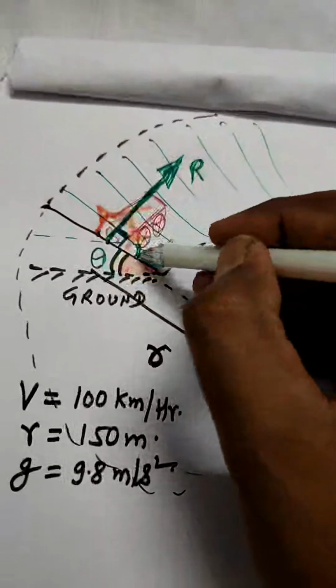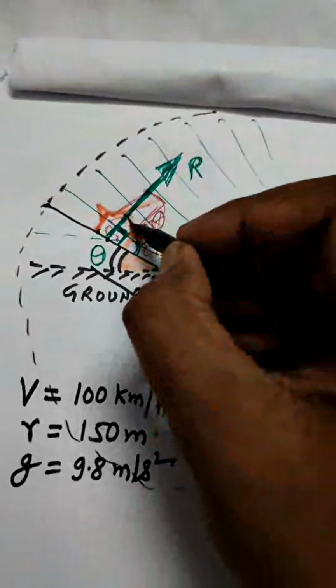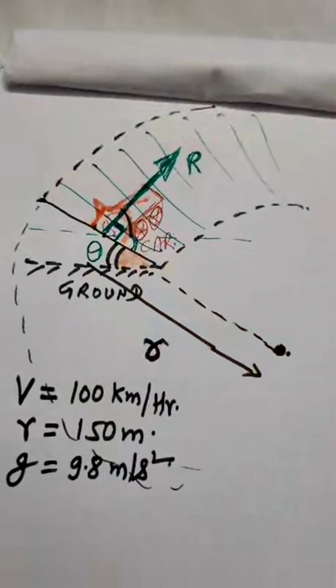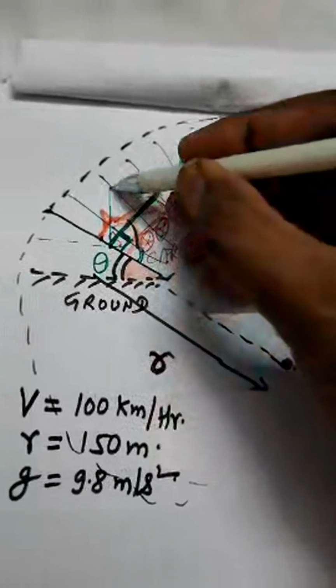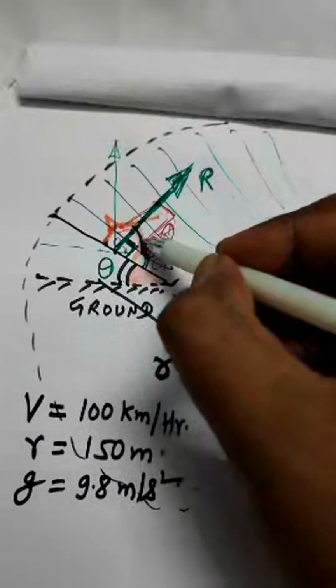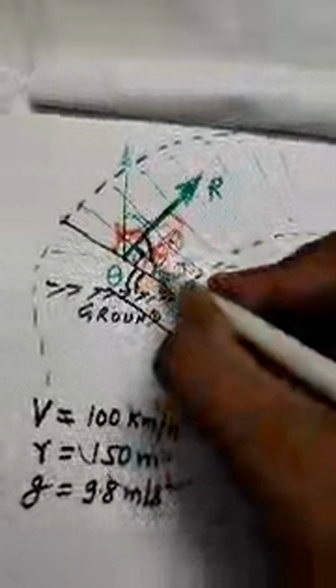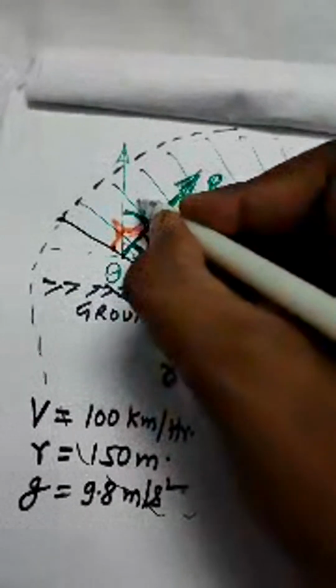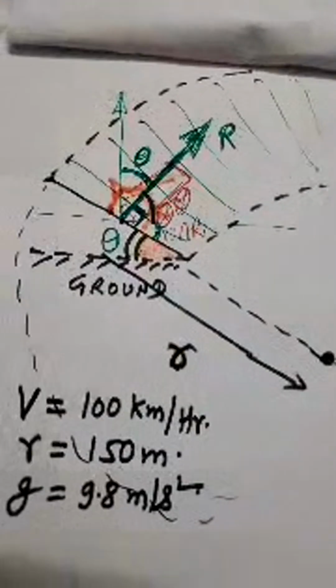If this is theta, theta plus this common part, and when we take this dashed line and from here make a perpendicular like this, then this common part plus this one makes an angle of 90 degrees. Being an alternate angle, we can say this angle is also equal to theta, isn't it? Are you able to understand or not?